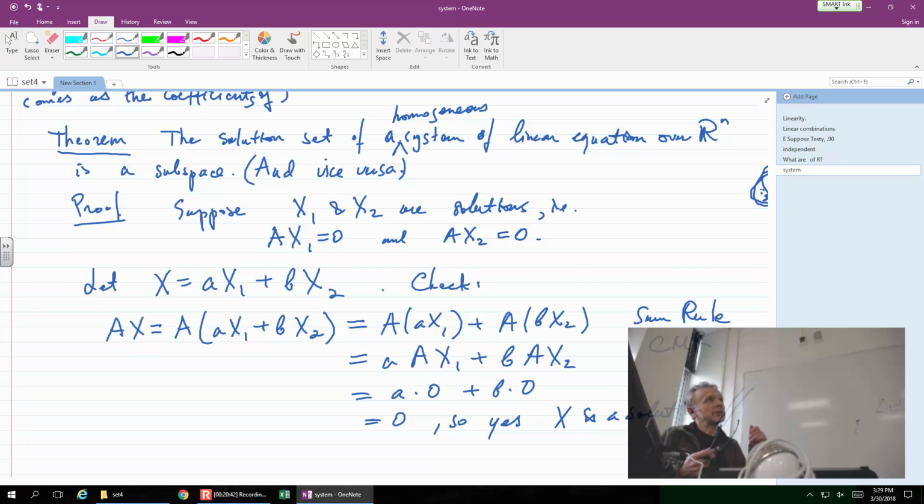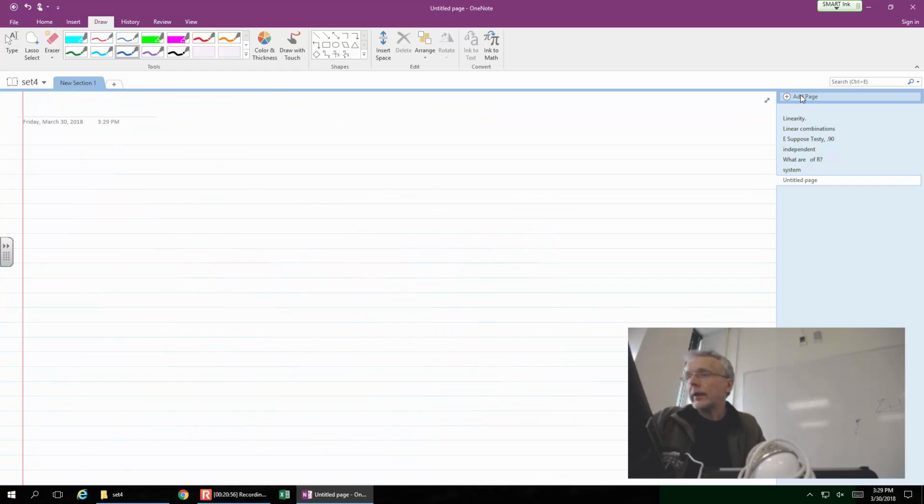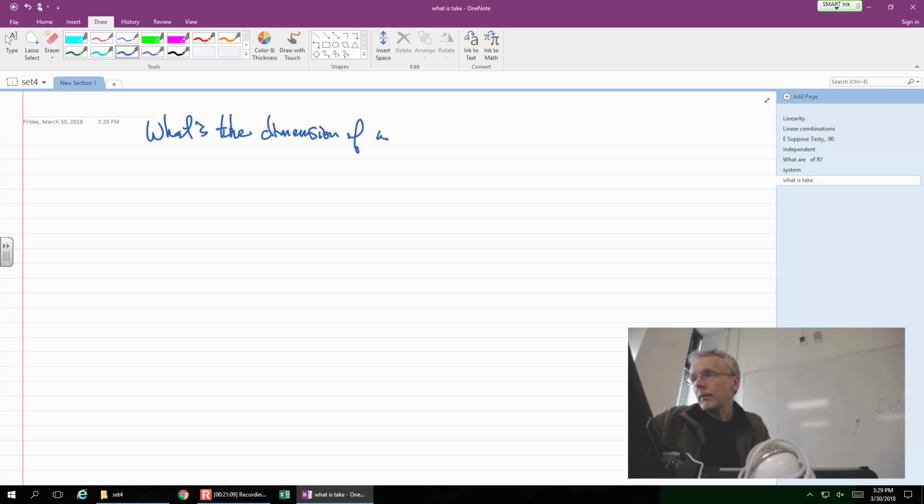Its solution set is a subspace, and we want to understand what the dimension of that subspace is. Before we go back to systems of linear equations, let's just look at subspaces and understand the meaning of its dimension. Fortunately, we don't have to work that hard, because the idea comes from, once again, what is the meaning of dimension of a subspace?